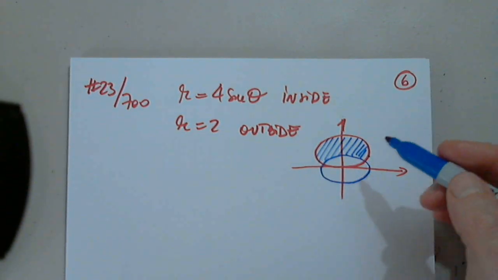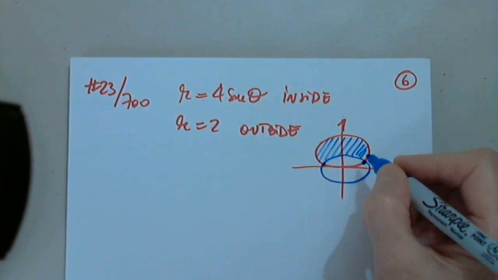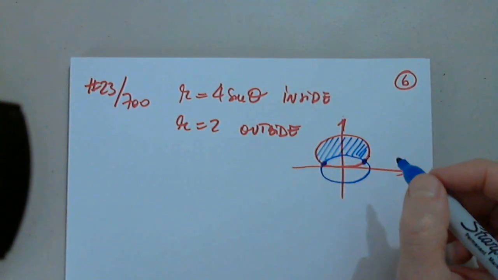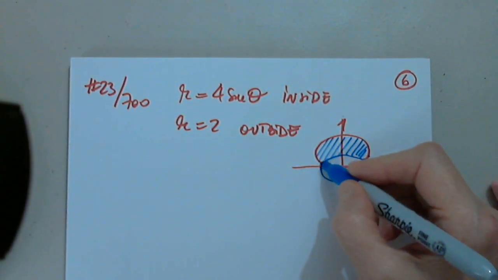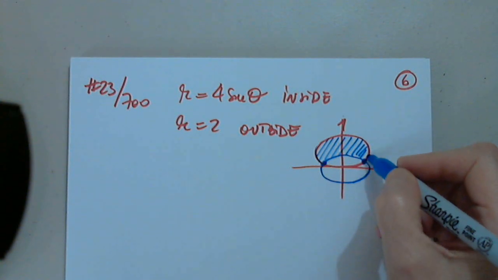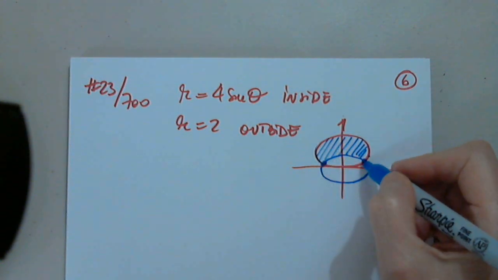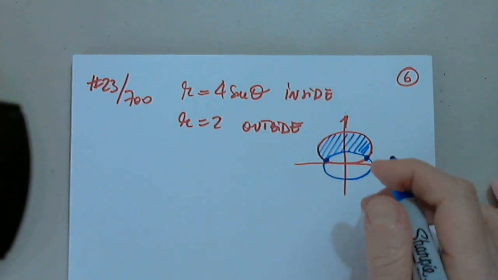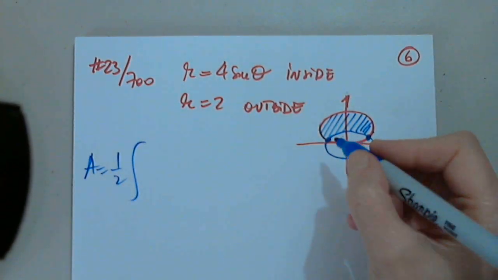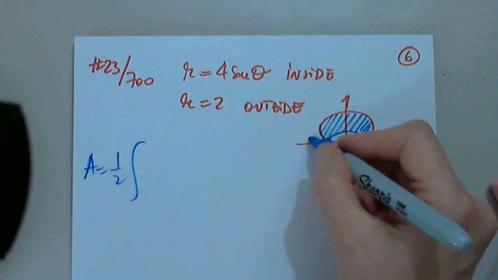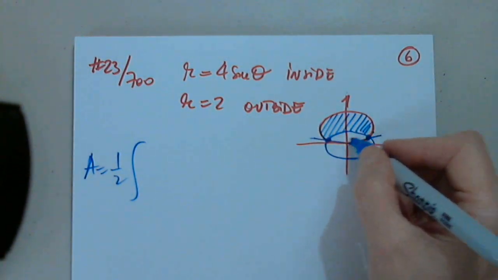So as you remember, first of all, we have to determine the points of intersection. So that's one thing. Secondly, what we need to understand is that we will have the upper minus lower. So the area will be 1/2 the integral from, of course, this theta and this theta.